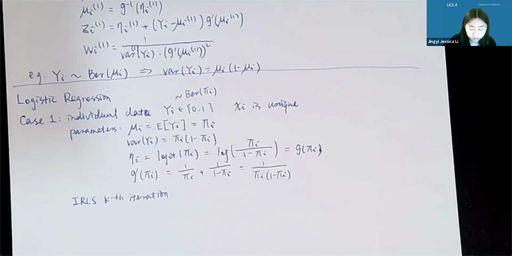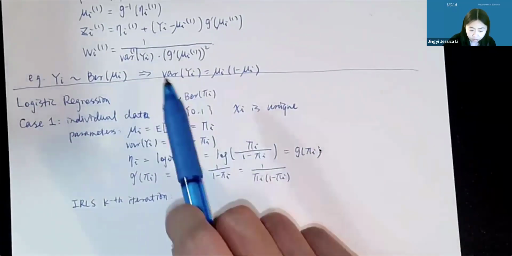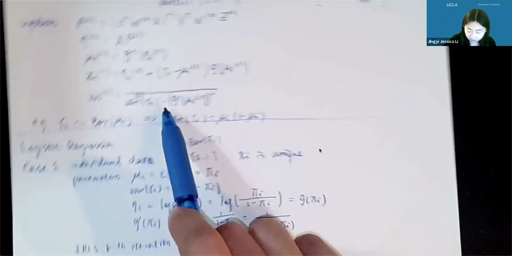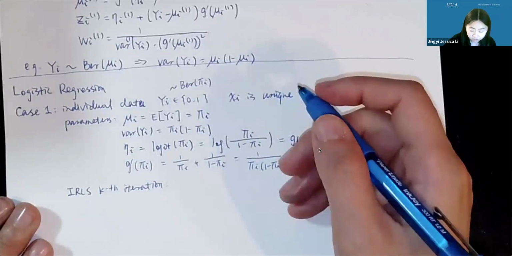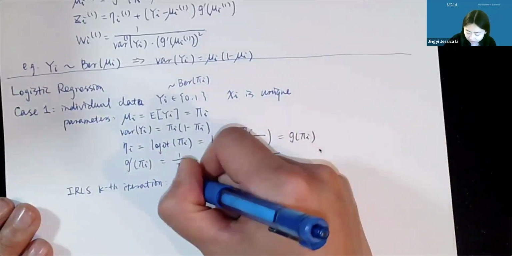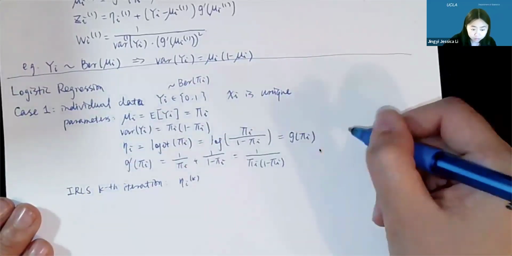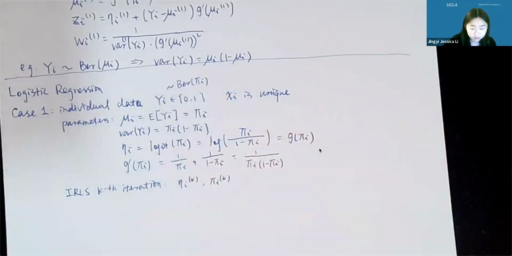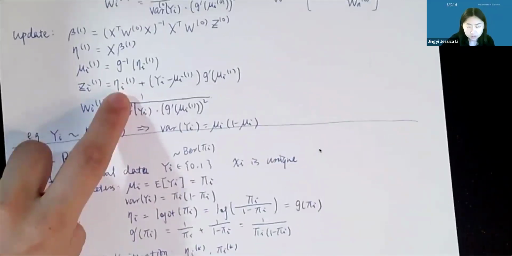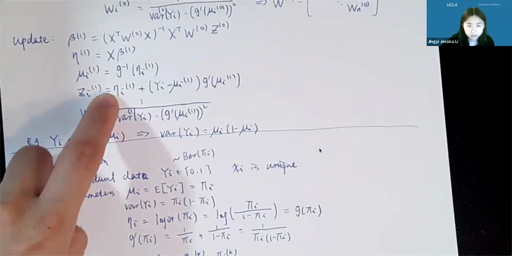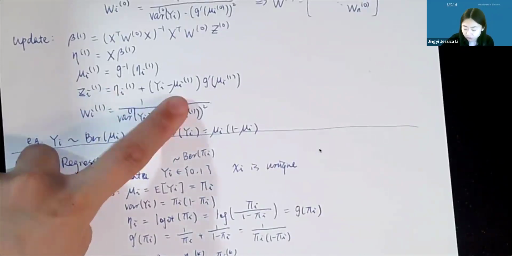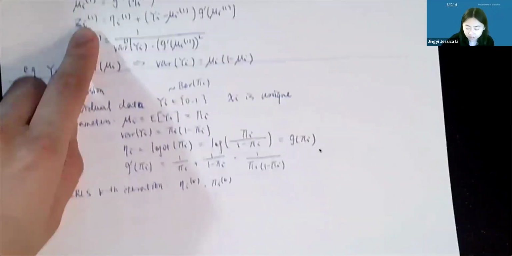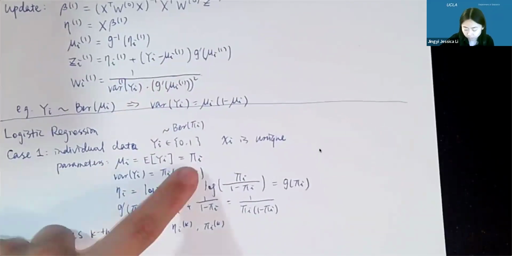Suppose that we already have eta ik as the current value, and we have pi ik at the current value. Then you see that we just need eta i and mu i, the current values, to update the zi. And here the mu i is just our pi i. So they are the same thing.